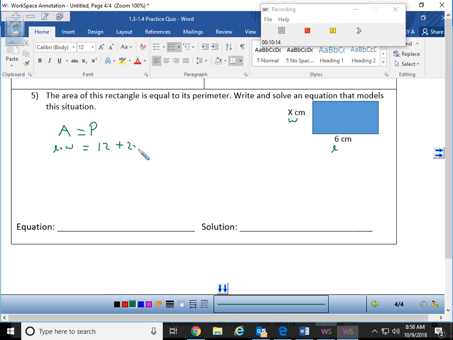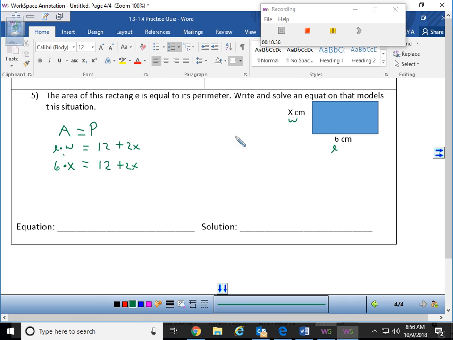So now we have, and I actually got a little excited over here, we can actually replace the L and the W, L times W, with what L is, 6, and W is x. So we have 6x on this side, and we still have 12 plus 2x on this side.